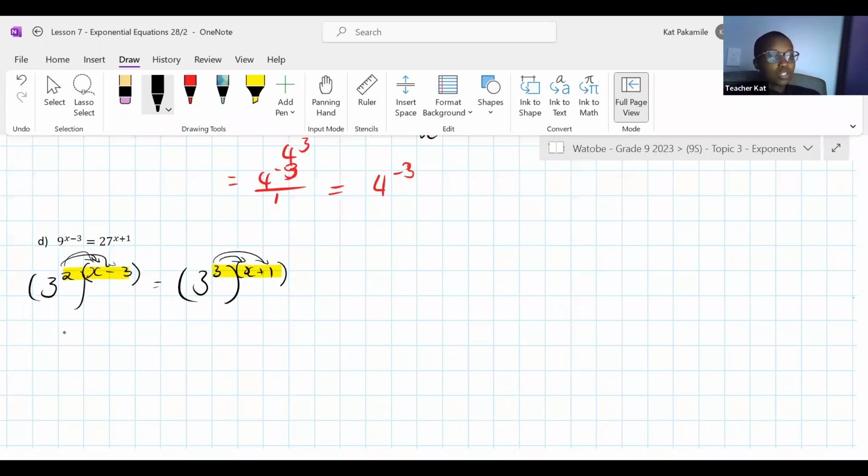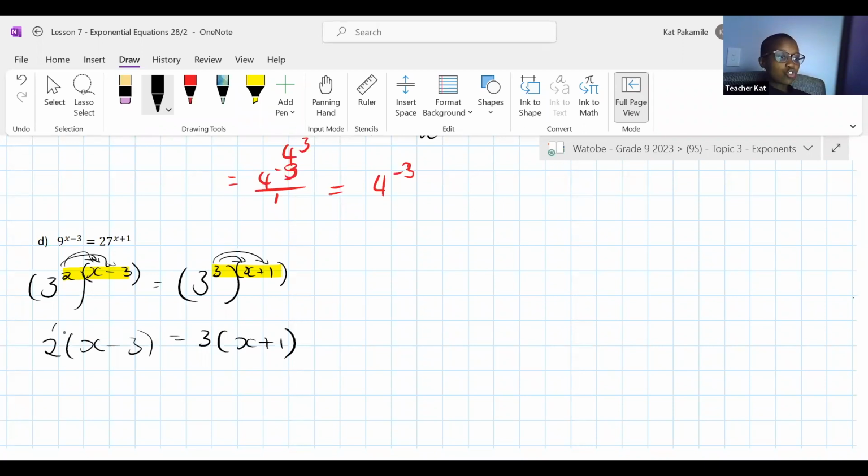Okay, watch this, Jonathan. We still have a 2 there, right? So let's make our exponents equal. We still have a 2 times x minus 3 equals 3 times x plus 1. Remember, there were original exponents there. So we have to multiply them in.